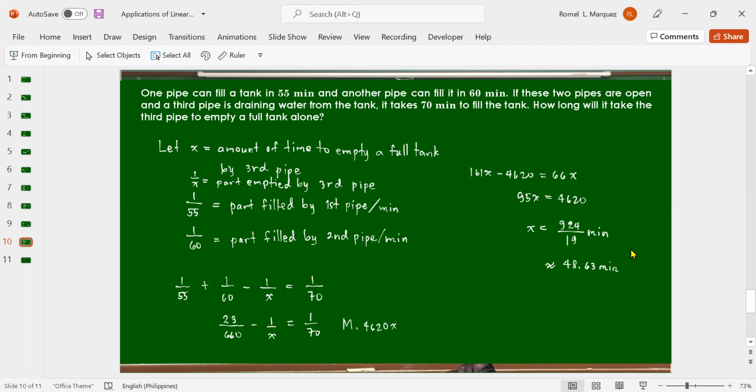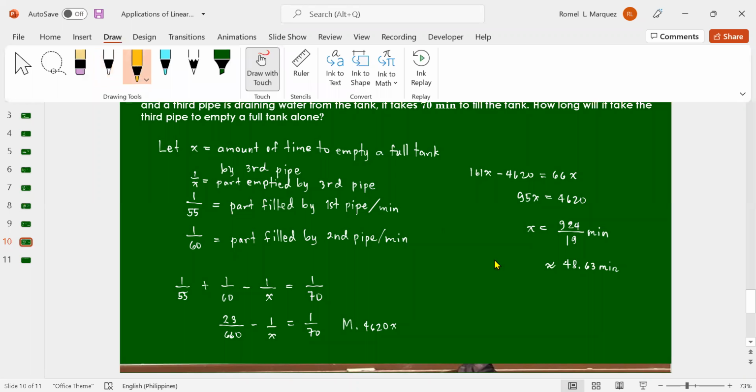Kung i-drain alone ni third pipe yung pool, it will take 48 minutes to empty yung full tank. Get it, guys? Yan. So this is the answer.